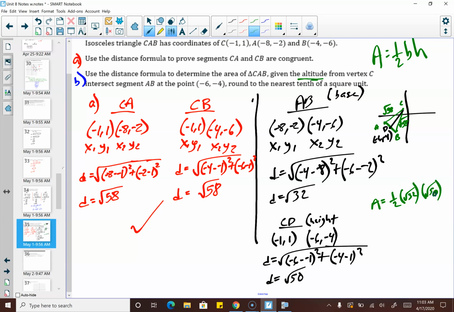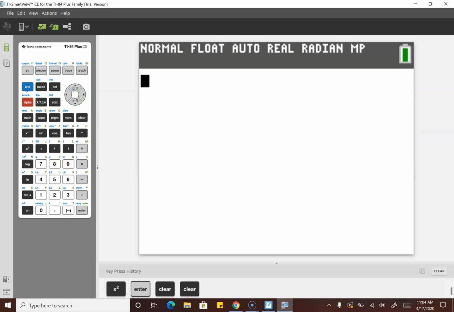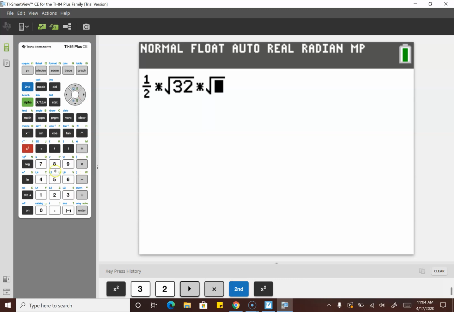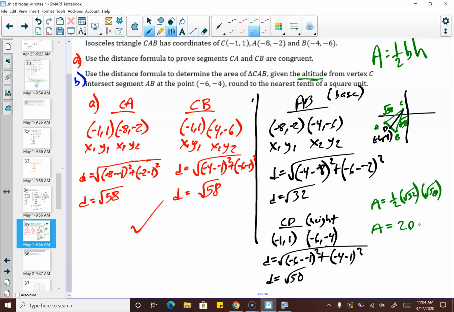Now, if we were putting this in simplest radical form, I would worry about simplifying, but since it just wants the nearest tenth, we're going to do area equals 1/2 times the square root of 32, making sure I get outside the radical, and then times the square root of 50. To the nearest tenth, well, that was easy. It turns out to give you 20, and you could put 20.0. I know that's how you would really do it, but we're just going to say an area of 20. This one works out nicely that we don't actually have a decimal.